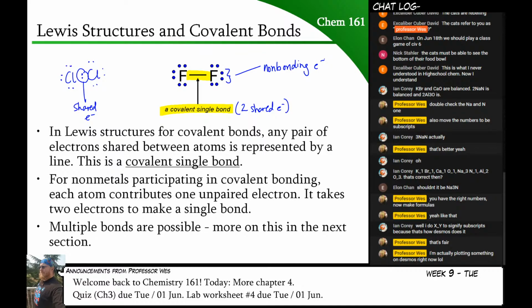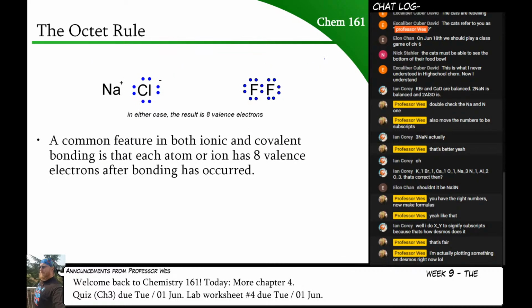Now, as you've noticed, and I've been repeating over and over, every time we do bonding, whether it's ionic or covalent, the end result is that we get a specific number of electrons: 8 valence electrons.